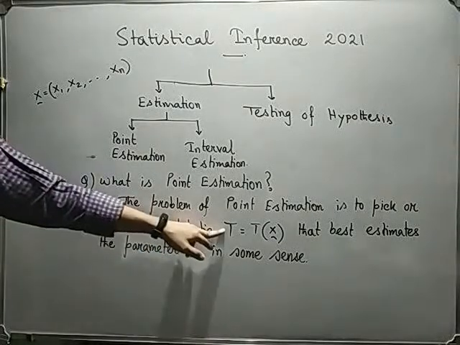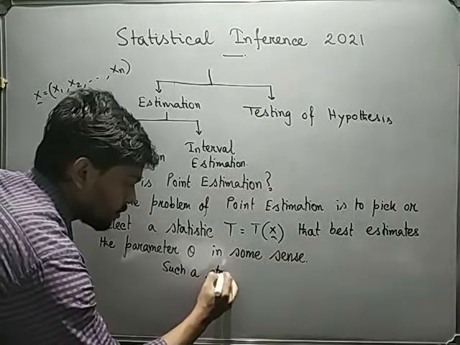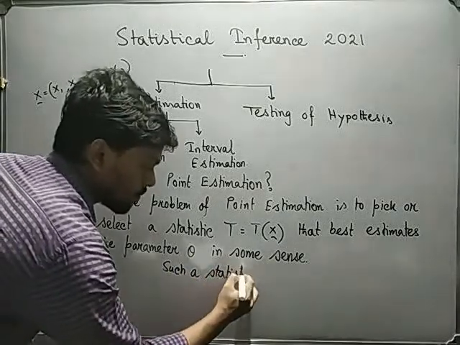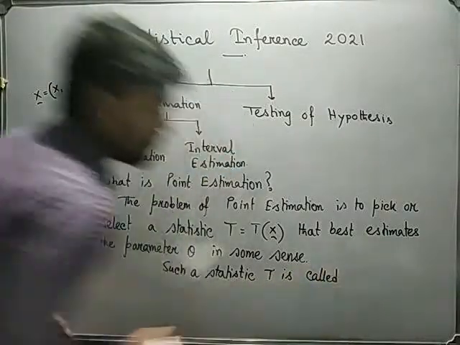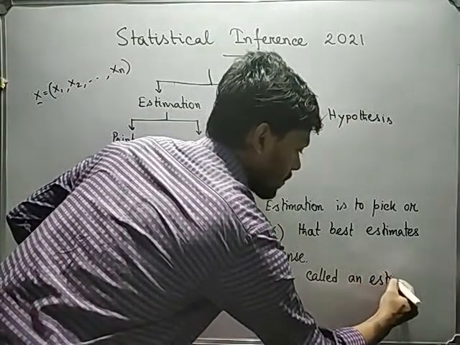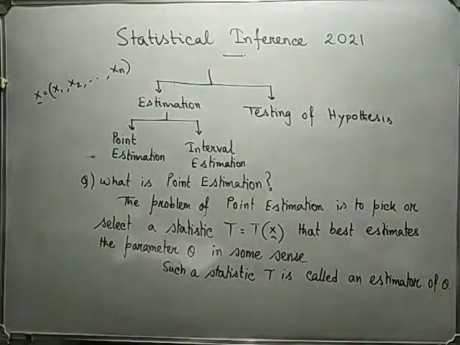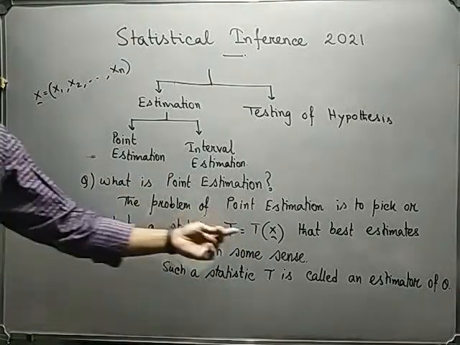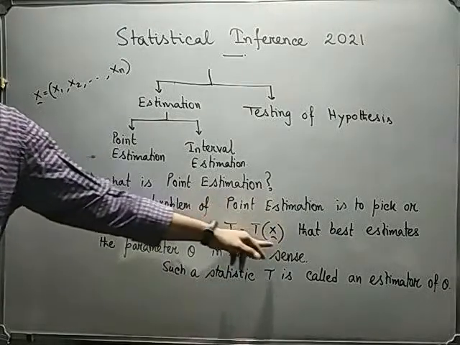Such a statistic capital T is called an estimator of theta, and the value of capital T, which is T of x curl, is for any observed value of capital X curl.